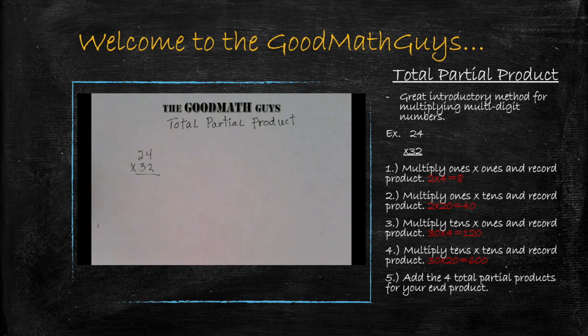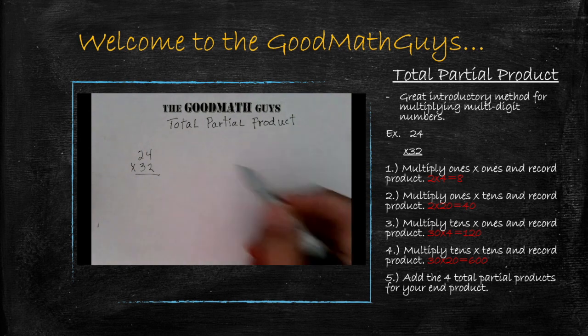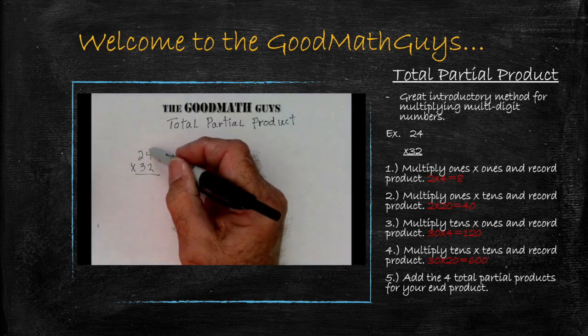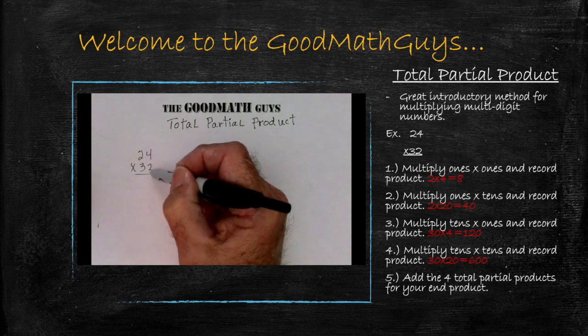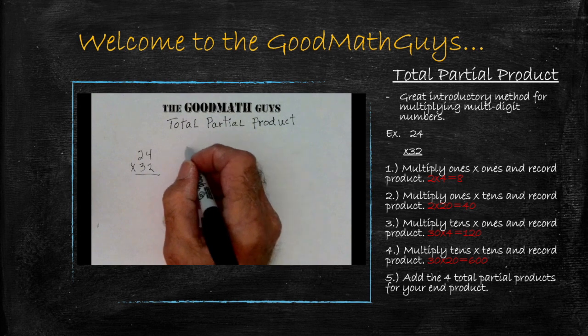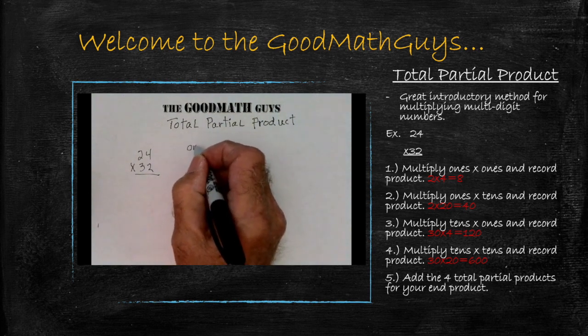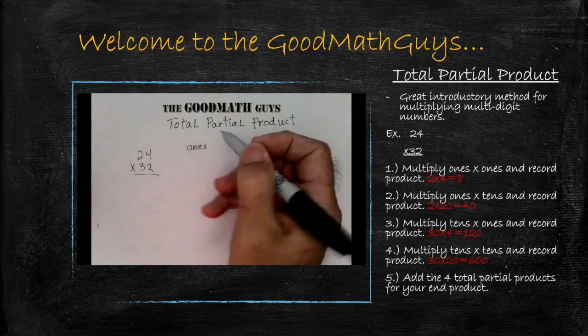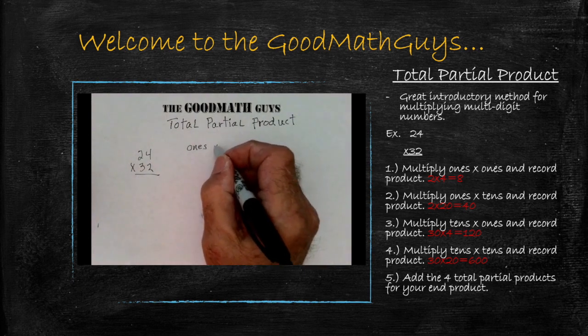Thinking place value only, what do we multiply first? And in this problem, it's going to be the ones place digits. So we're going to multiply this 2 times this 4. So the answer that I would expect, they're giving me no numbers, is ones times ones.